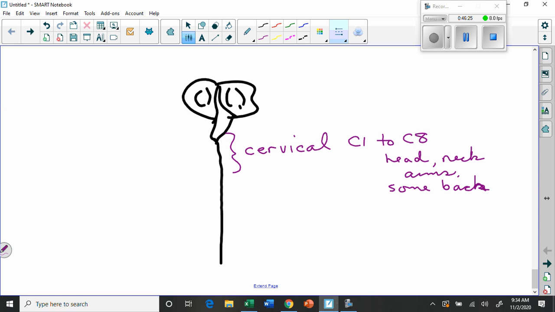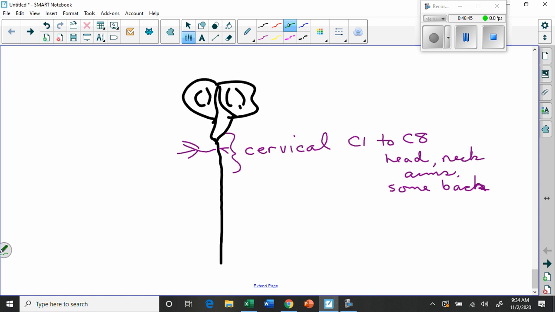So all the nerves that go out of here are going to those places. And so, of course, if you sever the spine at this point, then everything below here may not work. So when you think about injuries to the spine, you have to think about where it happens.